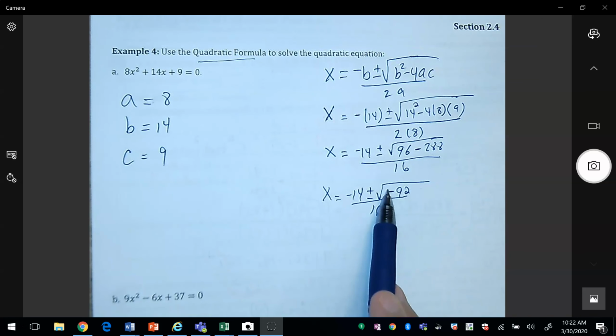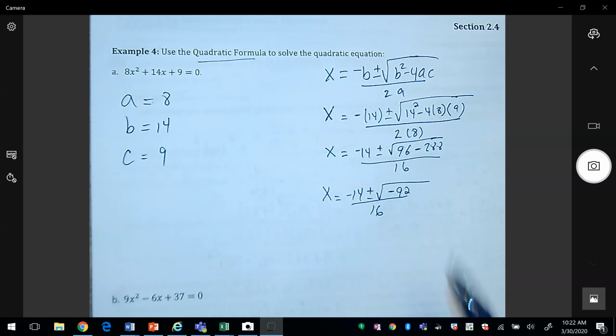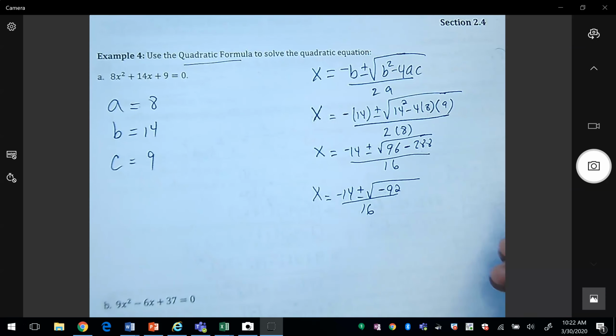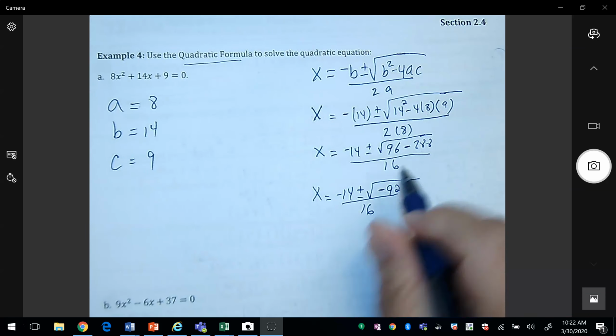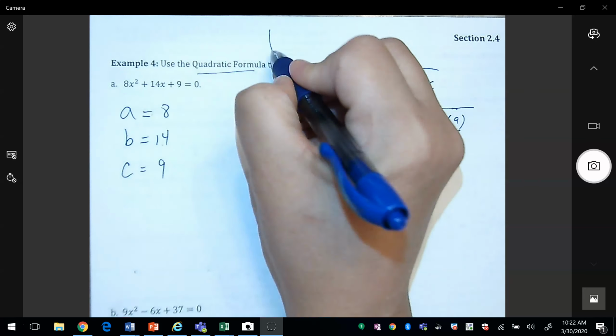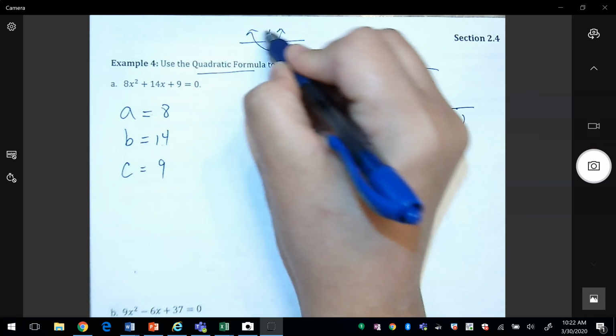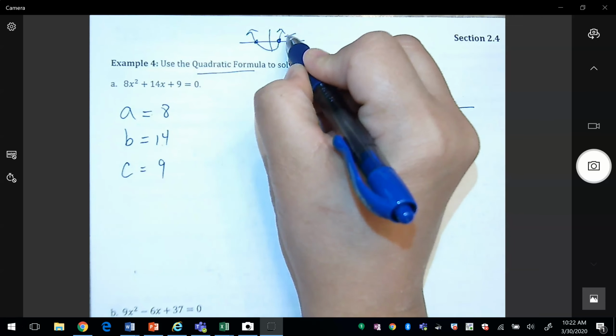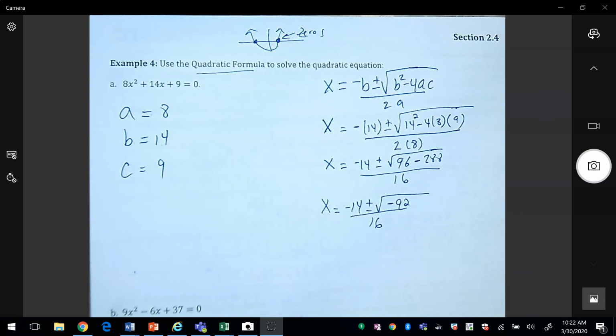The number inside your square root here is called a discriminant, and if it's negative, then we're going to end up with imaginary numbers. And so what that means is, when we solve a quadratic equation, the numbers that we're looking for are the solutions, or these values that we call zeros.